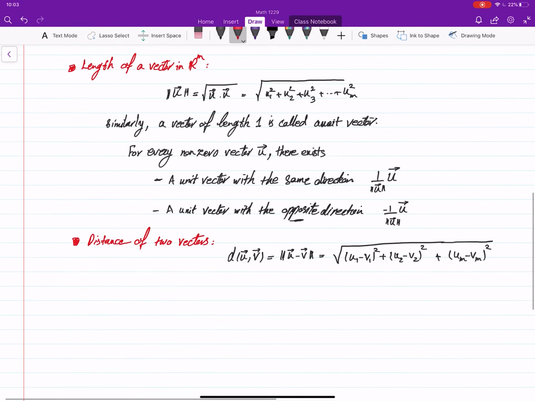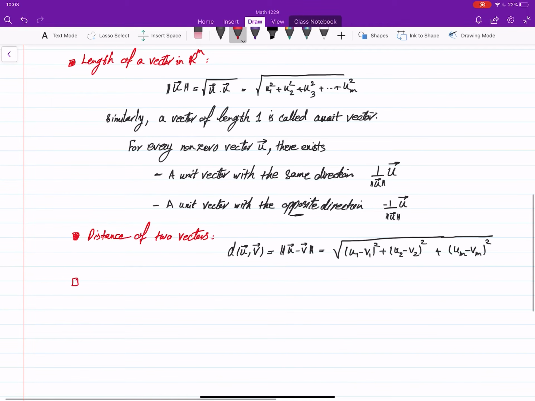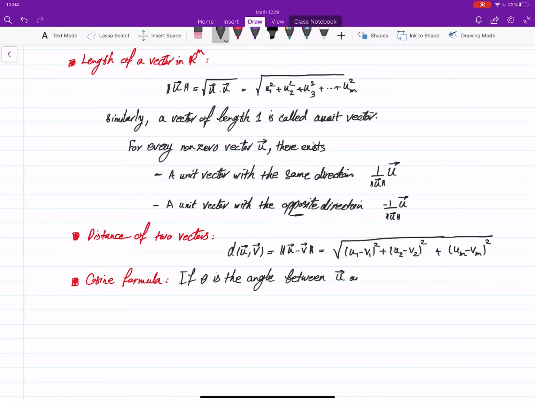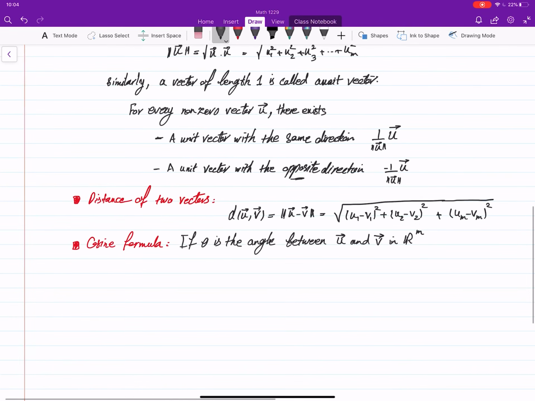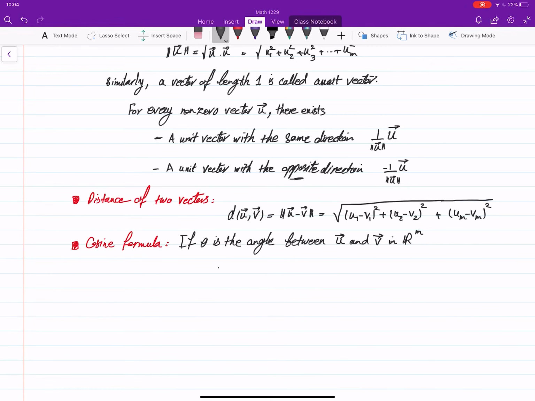After dot product, remember there was this cosine formula. Cosine formula still works here. So if theta is the angle between u and v in Rm, then we can find the cosine of the angle.